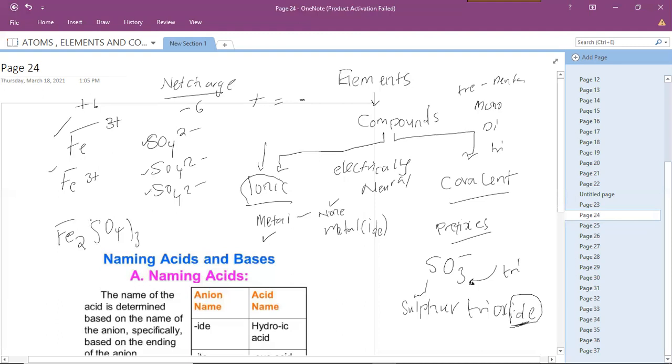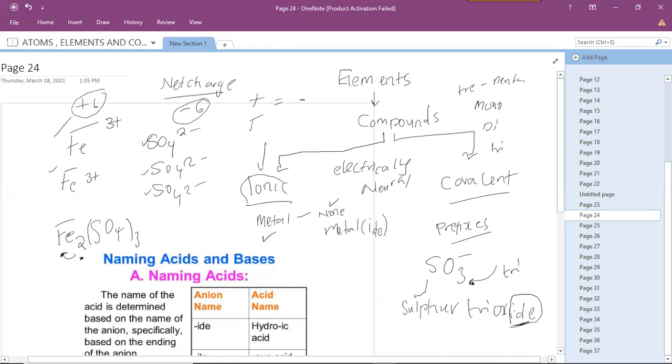You even put it in brackets there to show that this 3 indicates that there are 3 of these sulfate ions. So the SO4s, there are 3. And then this 2 here shows that there are actually 2 of these iron ions, so that we can make the charge balance up, +6 there and -6 there.